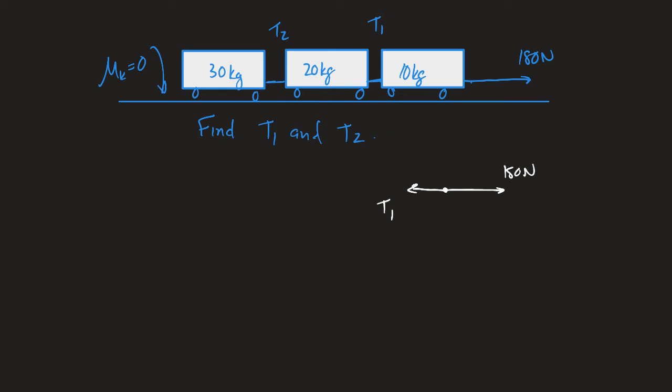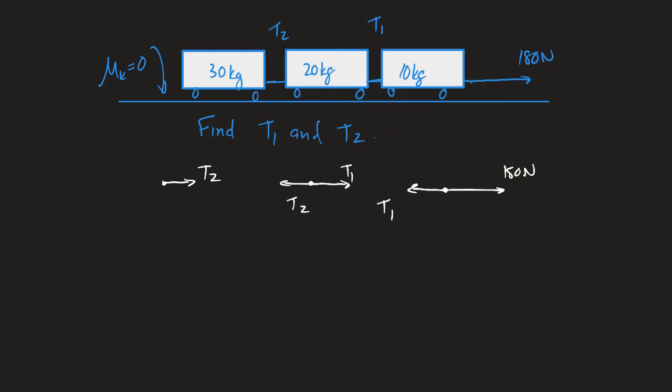But without friction in this problem, I think we can ignore the up and down forces since it's not accelerating that way. You should probably draw them in for practice. I'm seeing that there's probably 2 forces here, T1 and T2. And then the last one, just T2.